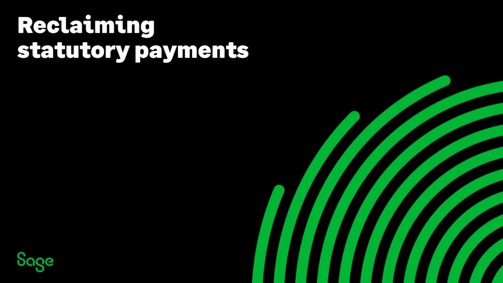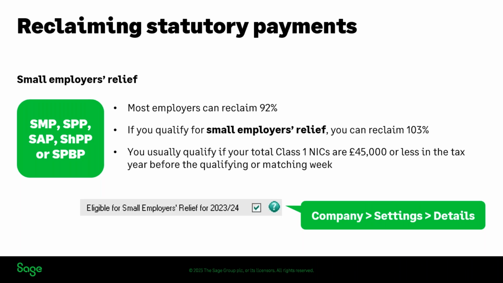And that takes us on to reclaiming it from HMRC. So if you are familiar with the process for maternity and paternity pay, it's pretty much exactly the same for shared parental pay. So small employers relief is something that employers can claim if they have Class 1A NICs of £45,000 or less in the tax year before the qualifying or matching week.